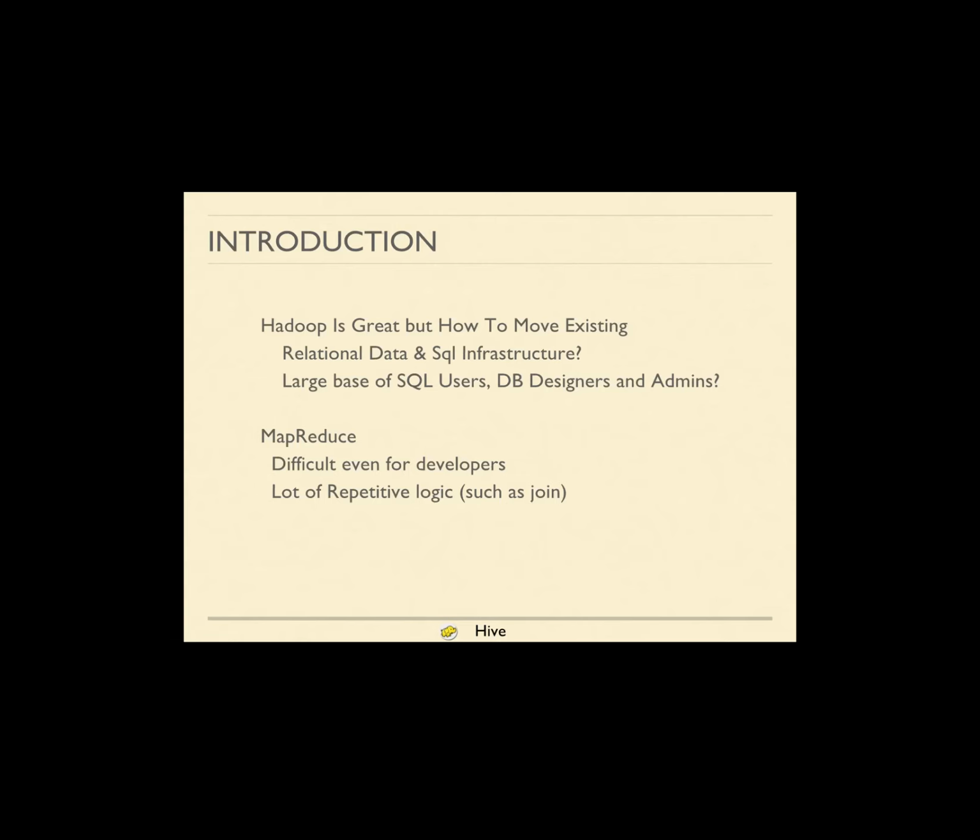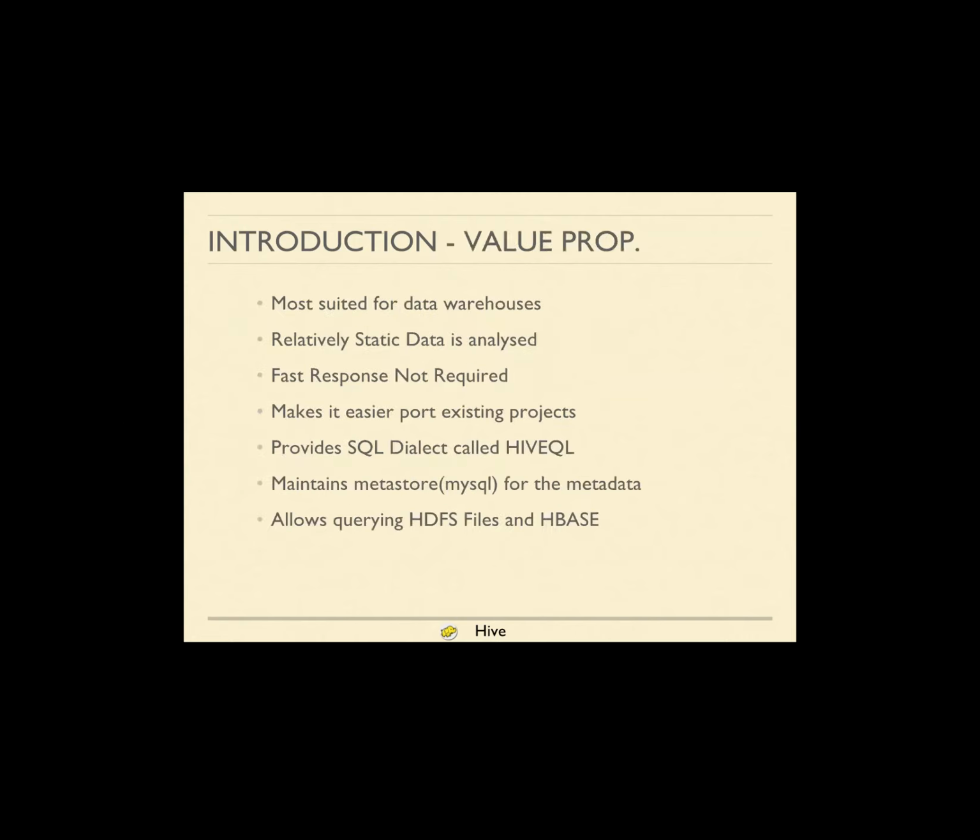MapReduce is anyway not fun, right? Or how would you move them to Pig? Because Pig is again a new language. So the question always comes: why would you do that? Why would you move to Pig when we were always happy with SQL? So that is the reason why SQL comes into play.